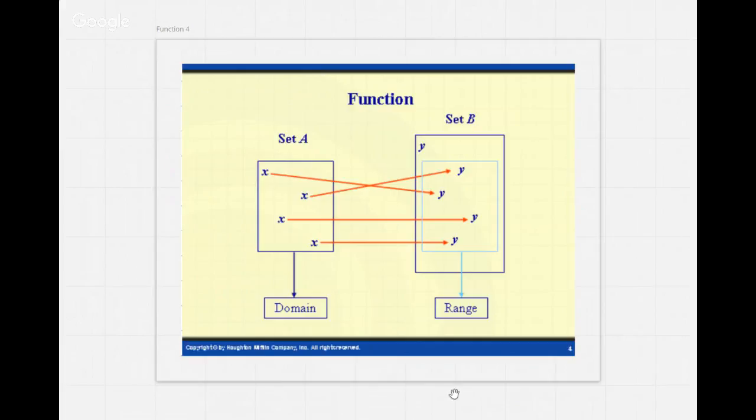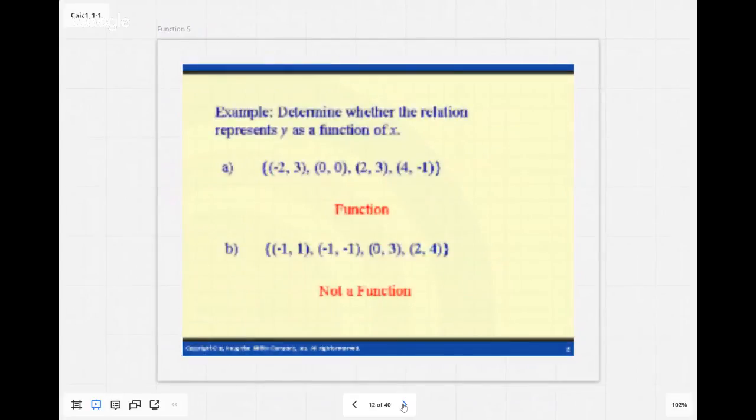This is legal. You can see this by looking at ordered pairs too. In the top set of ordered pairs, -2 only goes to one place, 3. Likewise, 0 only goes to 0, 2 goes to 3. No value of x goes to more than one location, so that's a function.